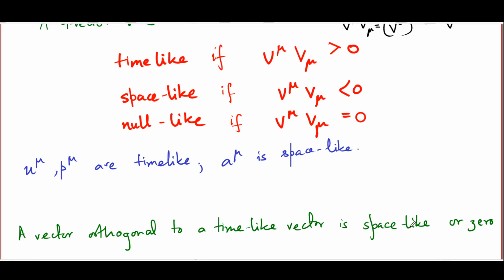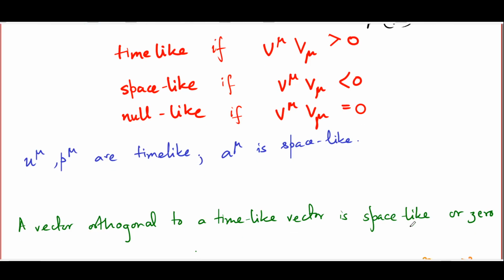Of course, if a vector is 0 and you dot it with any vector whatsoever, the result is going to be 0. So a 0 vector is orthogonal, so to speak, with every vector. But if the vector is not 0 and it is orthogonal to a time-like vector, then it is space-like. Now, let me give you a proof of this result because this is going to be very useful later on as well.